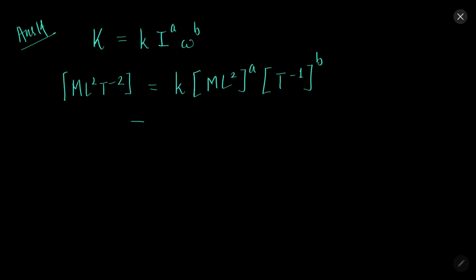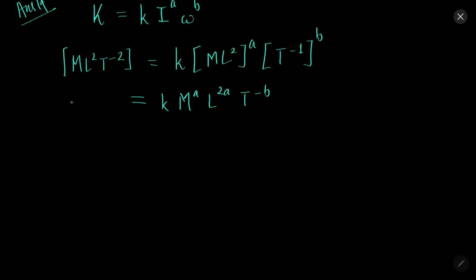Once we simplify this, we get M to the power a, L to the power 2a, T to the power minus b, and here M L square T minus 2. So we can directly compare the powers. From here, 2a is equal to 2, so a is equal to 1, and minus b is equal to minus 2.